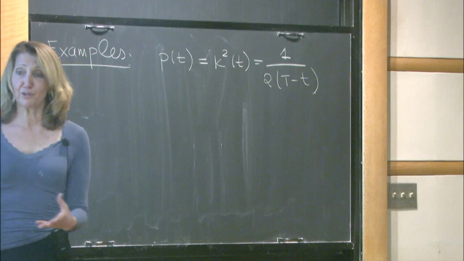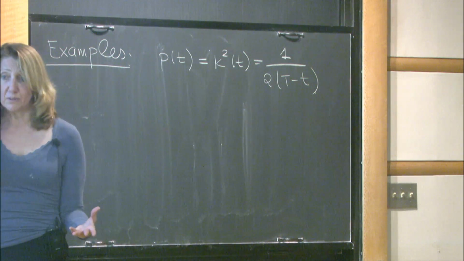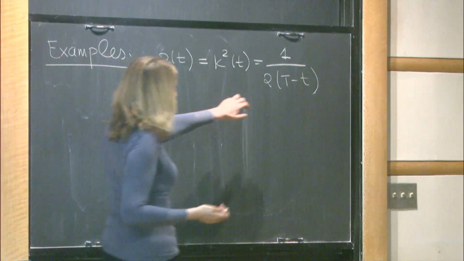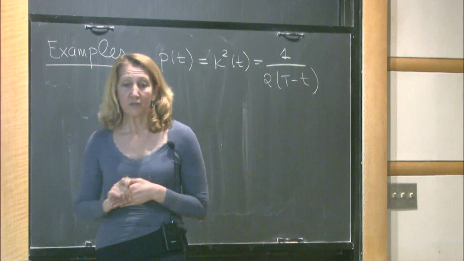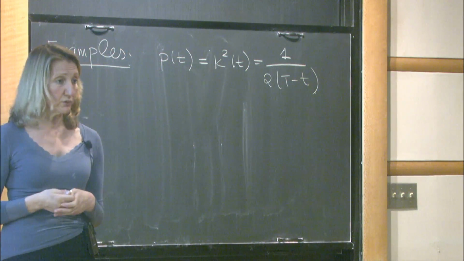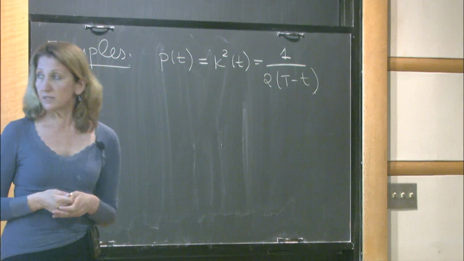The curvature of a circle is constant in space, right? So the curvature depends only on time, and this capital T is the time where the circle will contract to a point, therefore its curvature will go to infinity. All right?